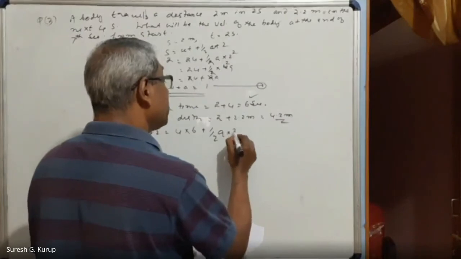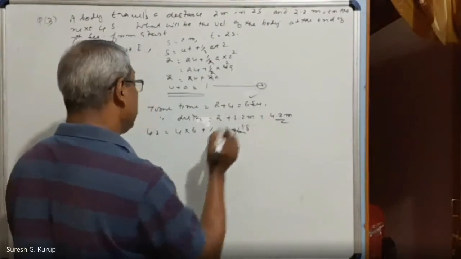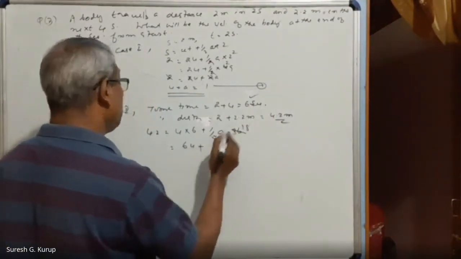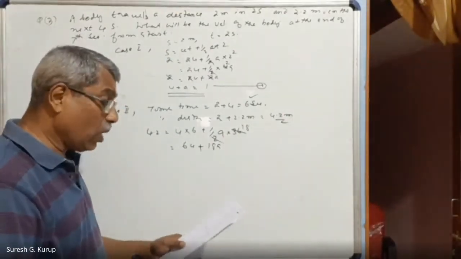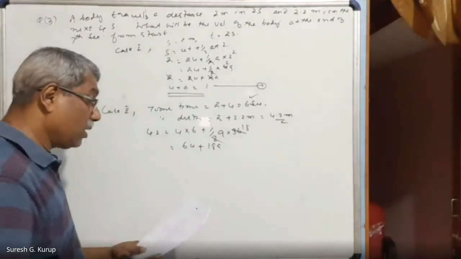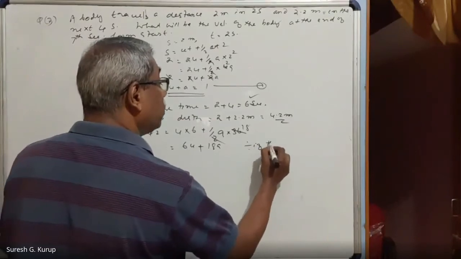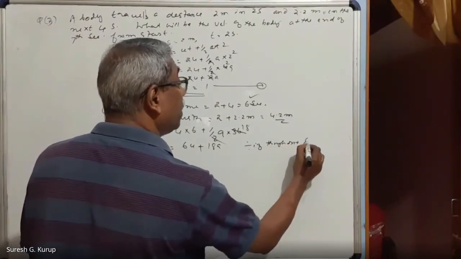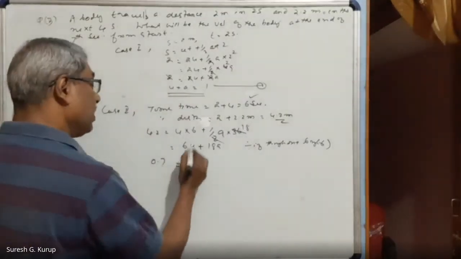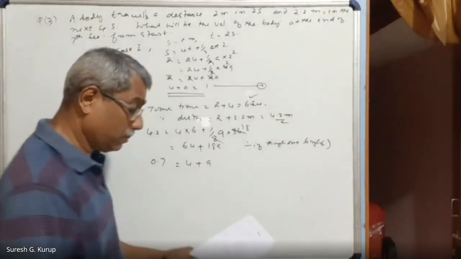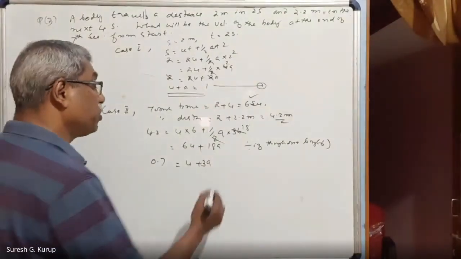T square means 36, 6 square. Half of 36 is 18. You are getting 4.2 is equal to 6u plus 18a, right? Dividing throughout by 6, 4.2 divided by 6 is equal to 0.7, that is equal to u plus 3a, sorry. This is equation number 2.